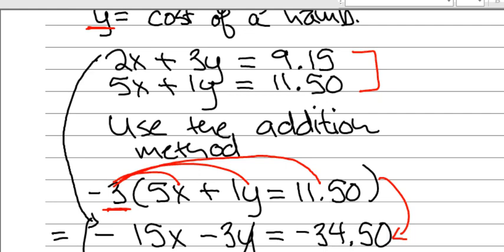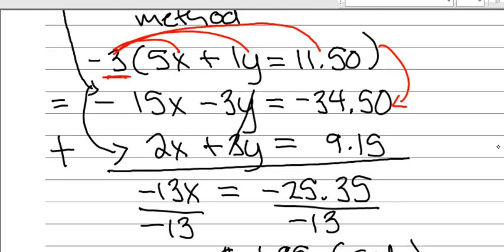Just distributing that. And then I'm going to take the 2x plus 3y equals $9.15 and bring that down and place it underneath. So here are the two equations that I am looking at. Now I'm going to add down.